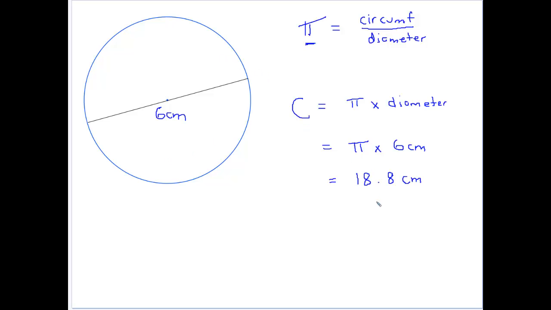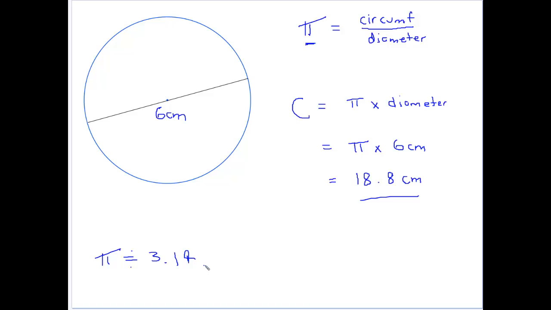Now, when we do a circumference, we should really look to estimate it first. An easy estimation is to think about pi. We saw in the previous video that pi is approximately 3.14, which is an approximation to 2 decimal places, and it goes on forever.